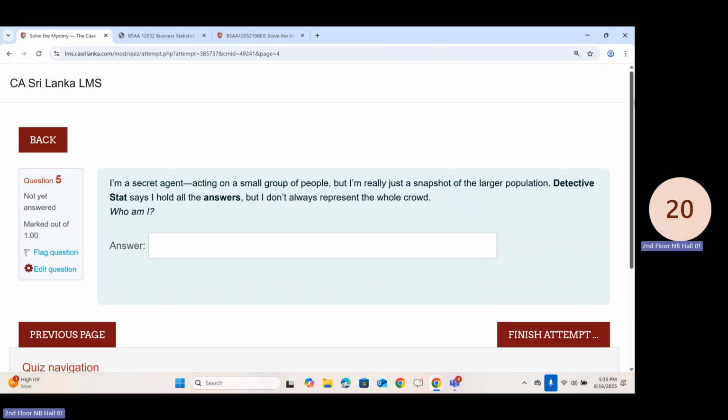What is it? Sample. Okay. Then a very small activity.